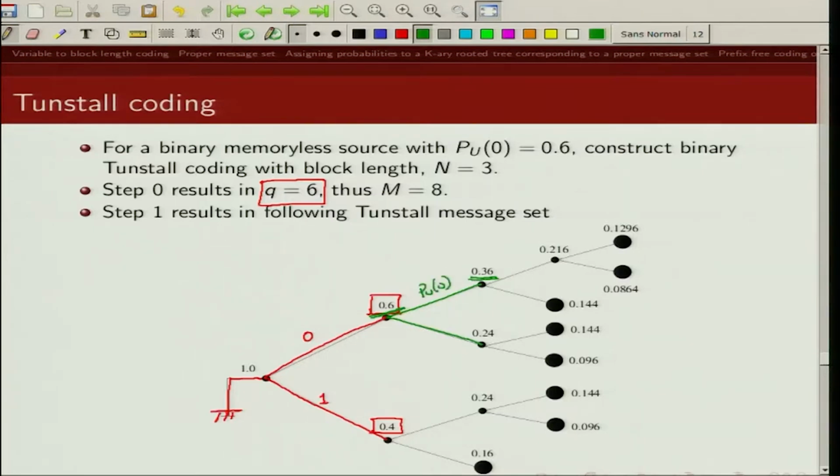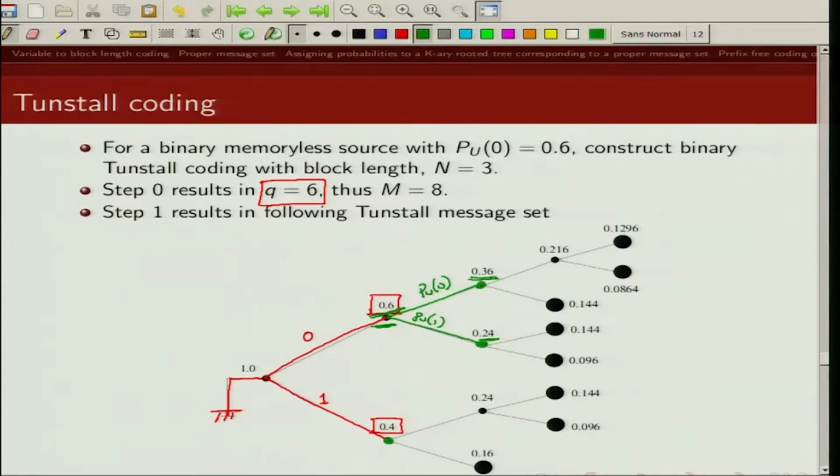So this is 0.36. Similarly, the probability at this particular leaf is the probability of this node, 0.6, into the probability of letter 1, which is 0.4. So 0.6 into 0.4, that is 0.24. So after the first extension, this is how my message set looks.